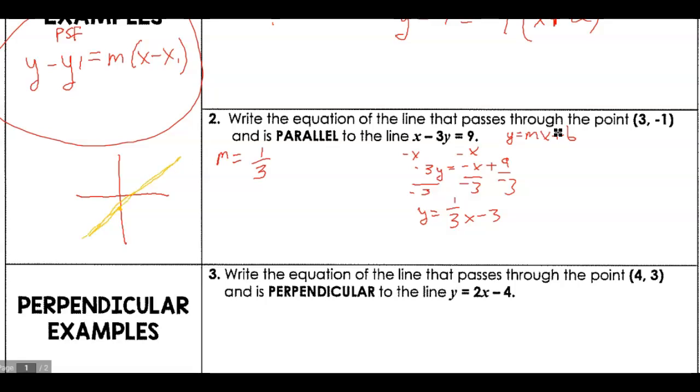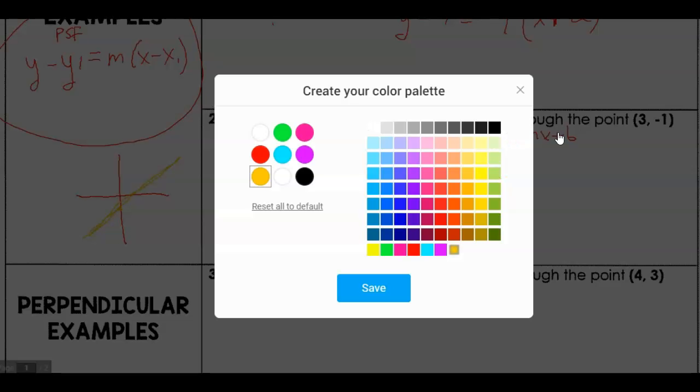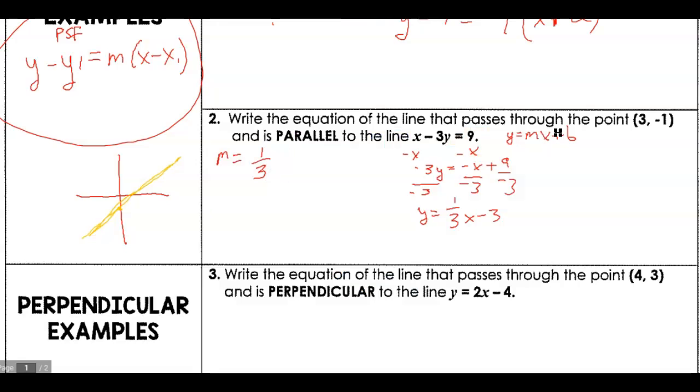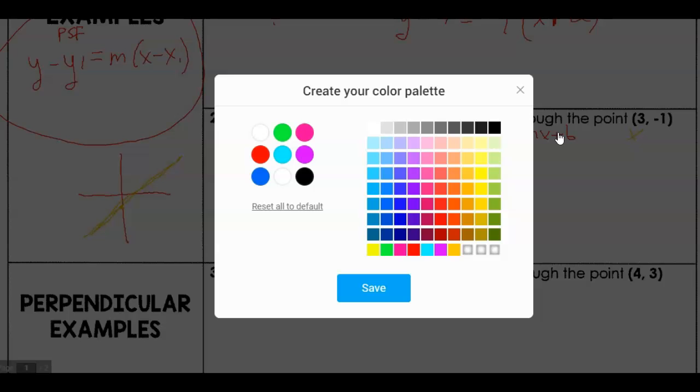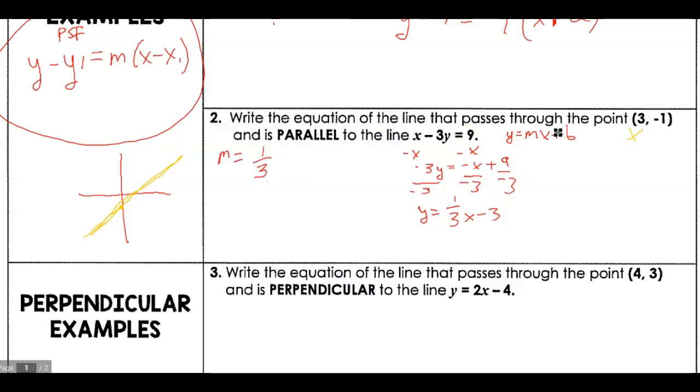All right. My second one, let me change my color again here. We'll go blue. That didn't go blue like I wanted it to. Oh well, we'll go yellow. I don't want yellow. Blue. Save.